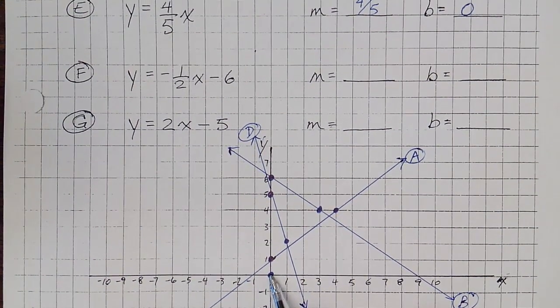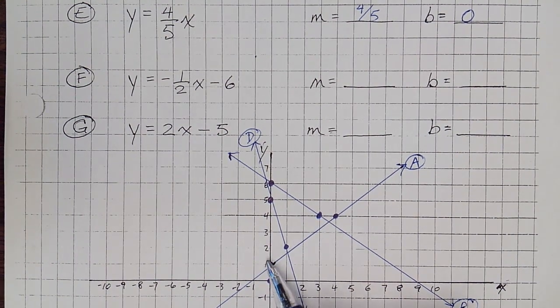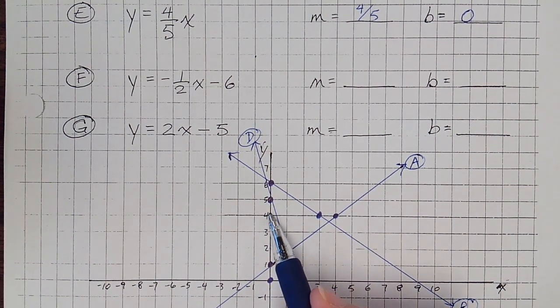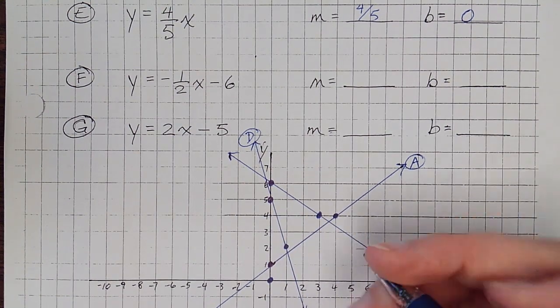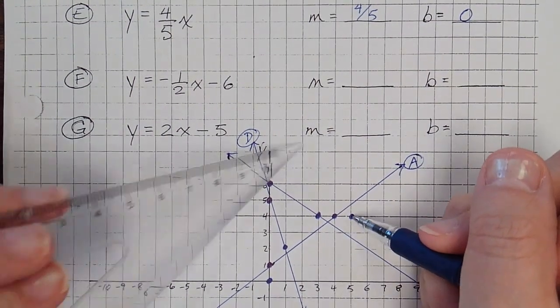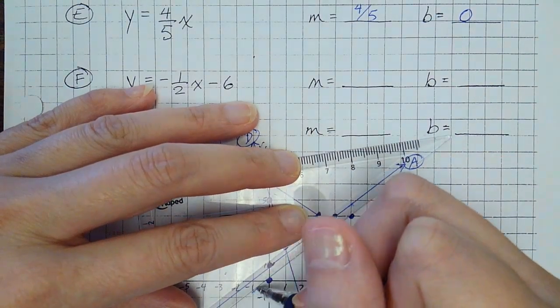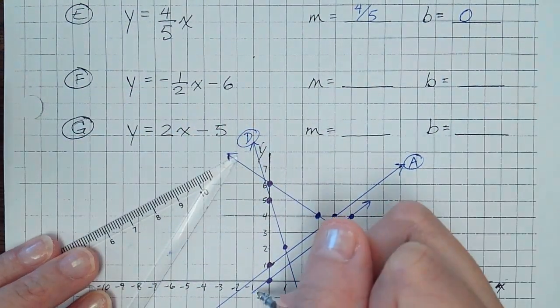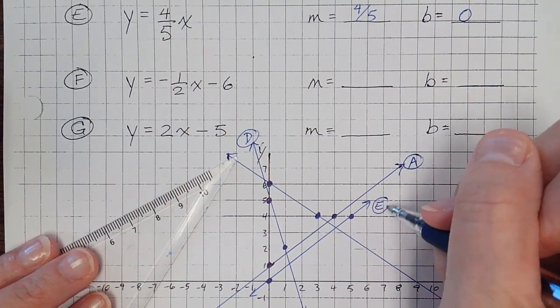And then from that point, I'm going to do my slope, which is 4 over 5. So up 4, 1, 2, 3, 4, and over 5. 1, 2, 3, 4, 5. And there's my second point. Okay, there we go. And this is line E.